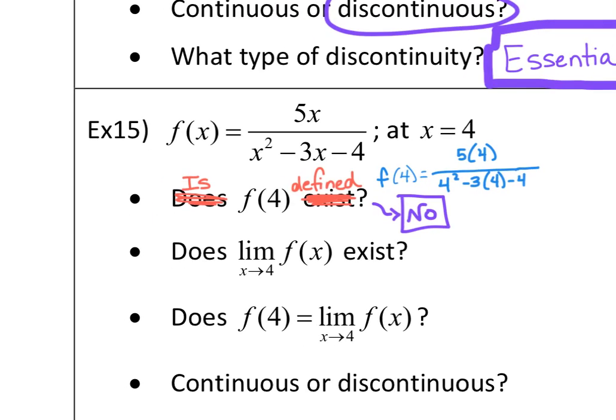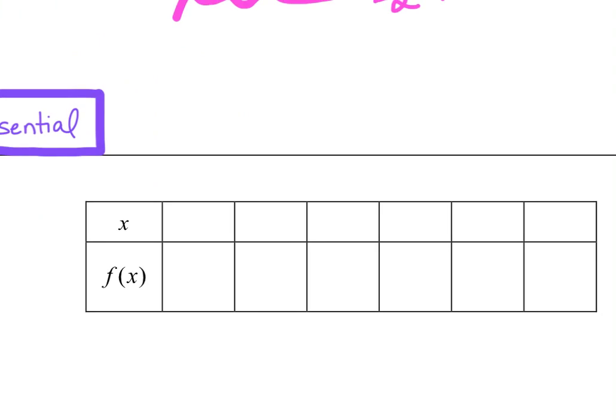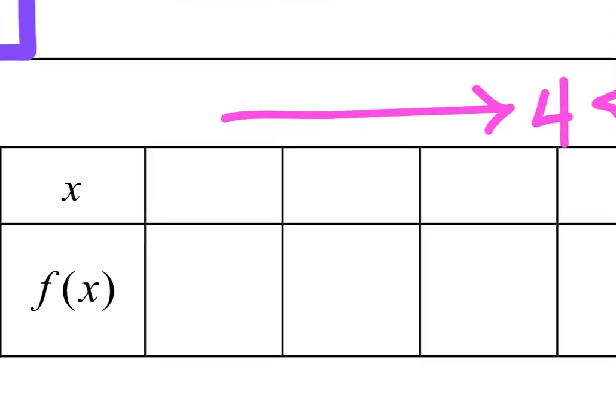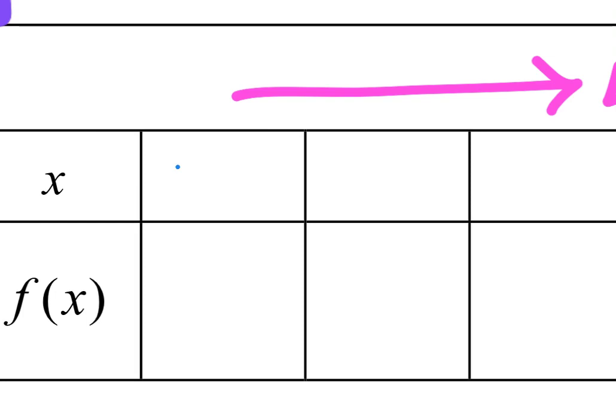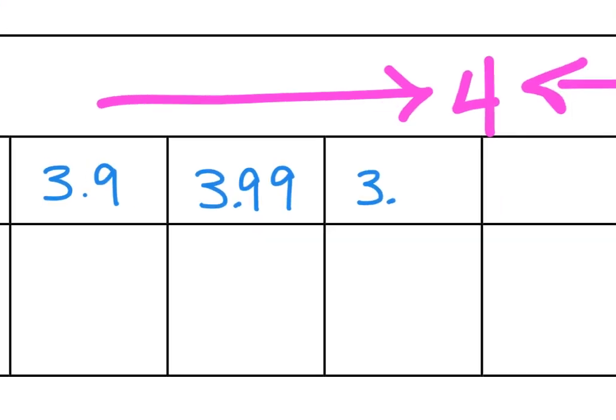And then we want to see if the limit exists as x approaches 4. And so let's fill in the table here. As x approaches 4 from the left and from the right. On the left, we want to use the x values 3.9, 3.99, and 3.999.